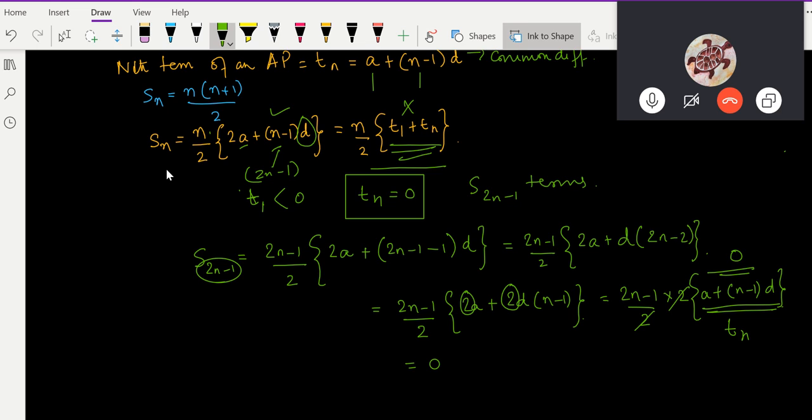See, these are the tricky questions that might come where you don't know the last term, you just know the first term, and you don't know the common difference.